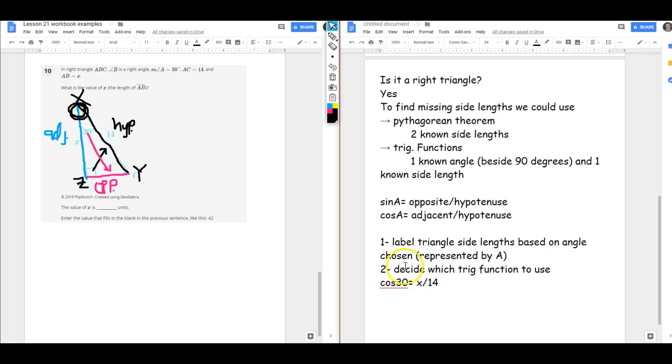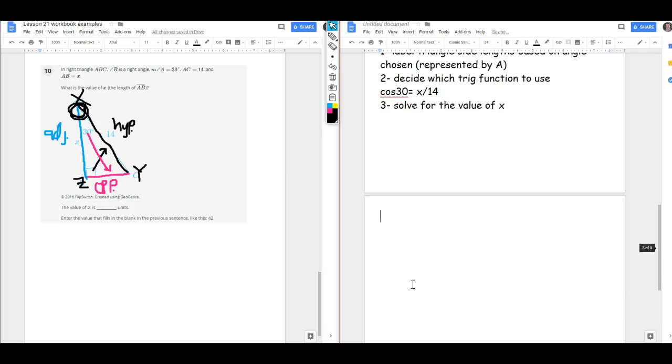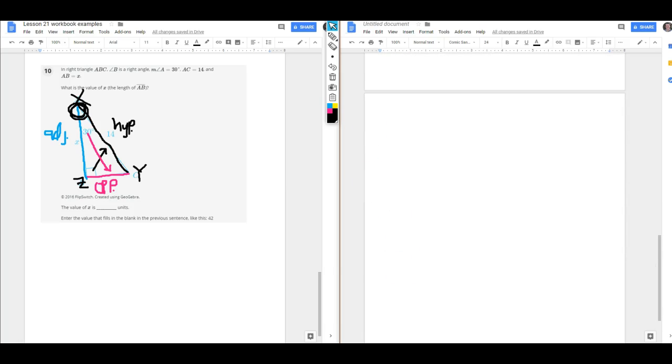All right, so now we're going to solve for the value of x. So now we have cosine of 30 degrees is equal to x, which is the adjacent side length, divided by the hypotenuse side length, which was 14. So now I'm going to take a deep breath.